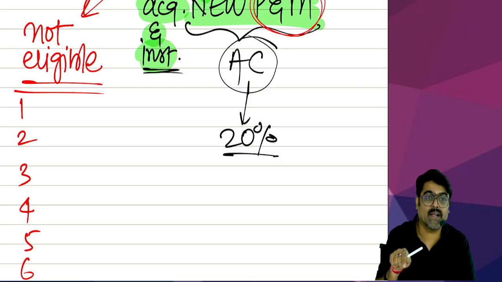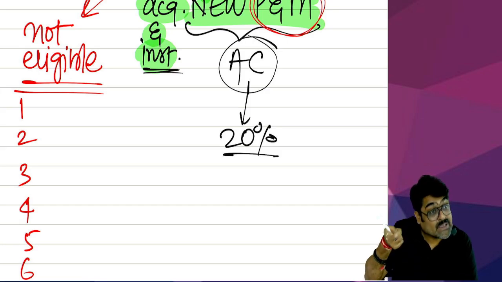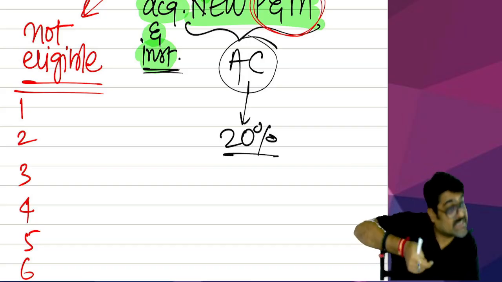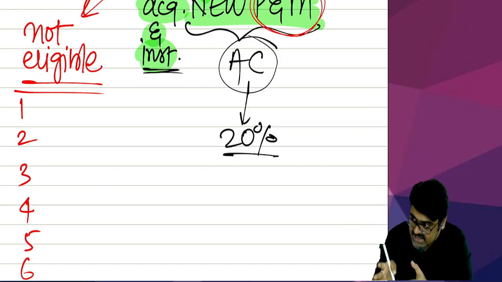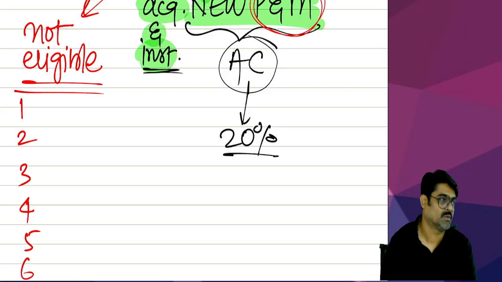Because to claim additional depreciation, they must be used for manufacturing process. They must be used for power generation, distribution, transmission, etc. And the plant and machinery which we are writing here are not used for that manufacturing process.